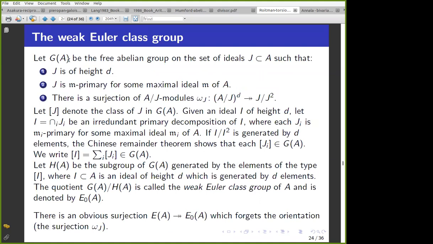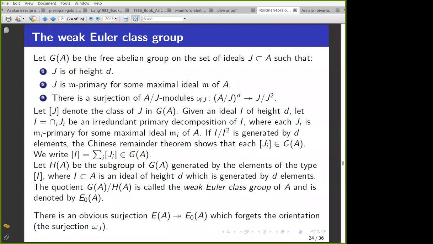So let J be the free abelian group on set of ideals. So basically it's exactly the same as the definition of Euler class group. The difference is you do not fix the orientation. So generators are not like J comma omega J, it's just J. But this has a condition that J mod J square is generated by D elements, but you don't put this omega J as part of the definition.